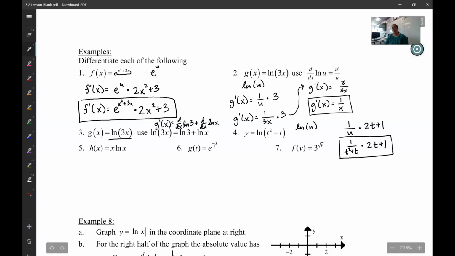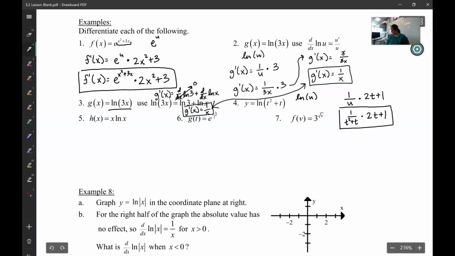Well, derivative of ln of 3 is just 0, because ln of 3 is a number, and derivative of any constant is just 0. And then I have the derivative of ln of x, which we know to be 1 over x. And voila! We got the same answers, no matter what way we did it.